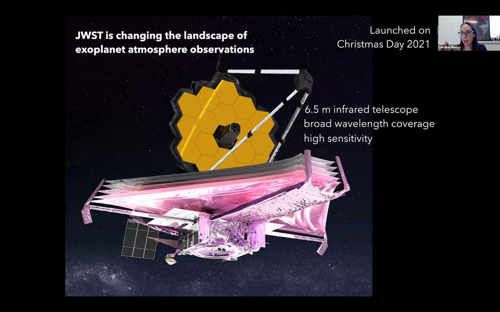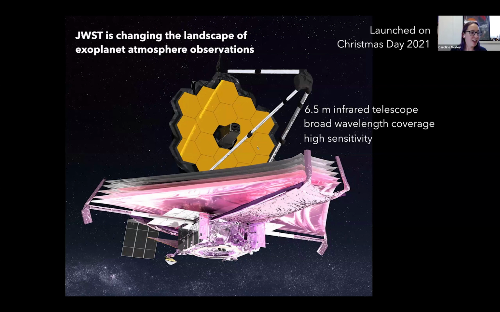And it has really high sensitivity. We're able to see really, really faint things with JWST. And it has this really broad wavelength coverage, where we're able to go from about 0.6 microns all the way out to 28 microns. That's fantastic because we can see lots of different features in exoplanet atmospheres when we have that broad wavelength coverage.